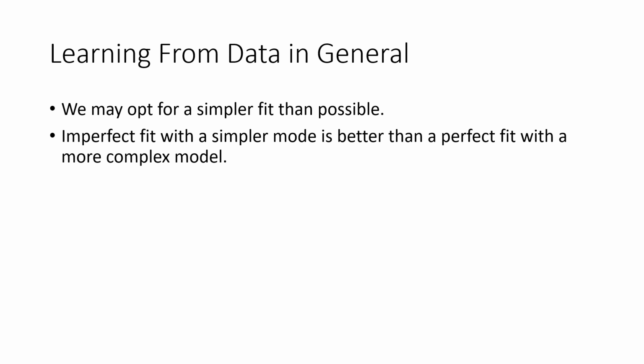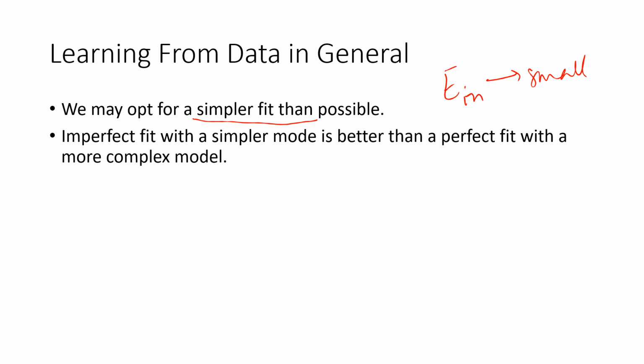What Occam said is that a simpler fit is good enough, but in learning we are saying an imperfect fit is fine. I can settle for E in not equal to 0, maybe small, but then the relationship between E in and E out should be tight, right? That's what we are after in learning. And so that's why we are taking Occam's principle to the next level in learning.